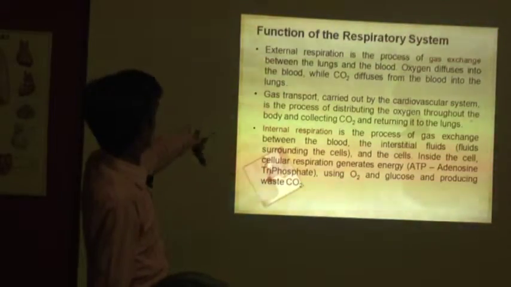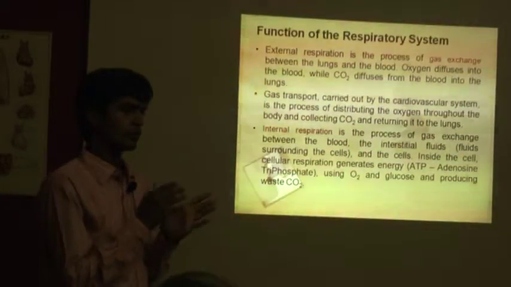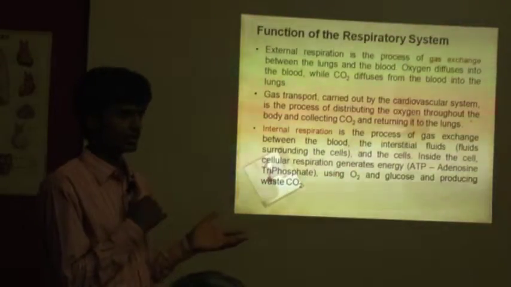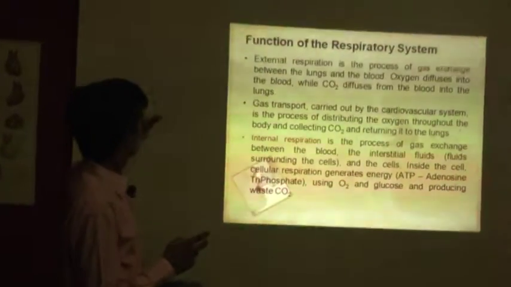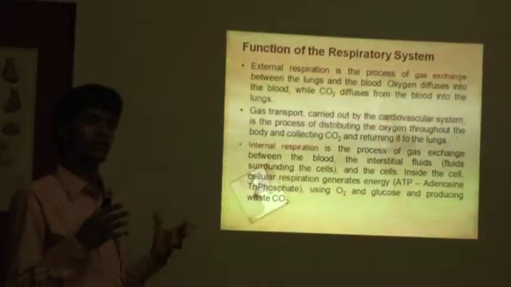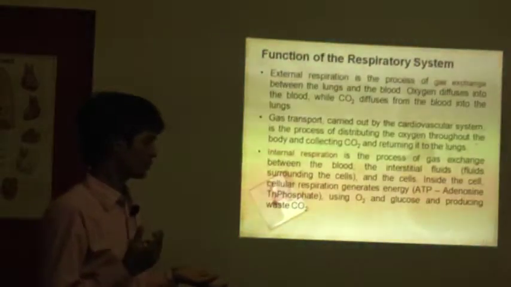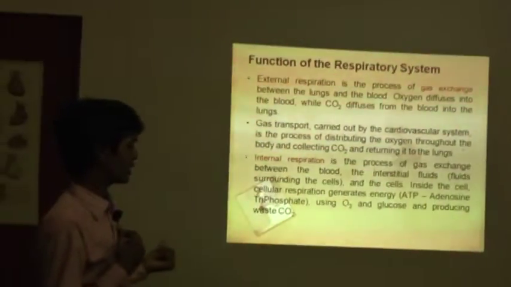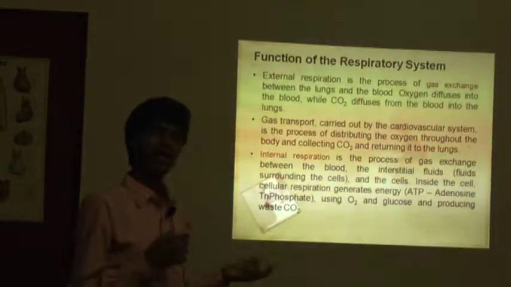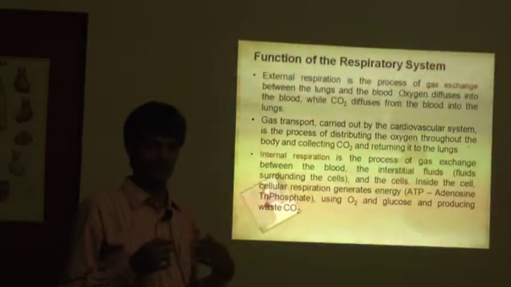Now, as you know, the main process is gas exchange. The first kind of respiration happens in the lung, and that is called external respiration, and the second part is internal respiration.